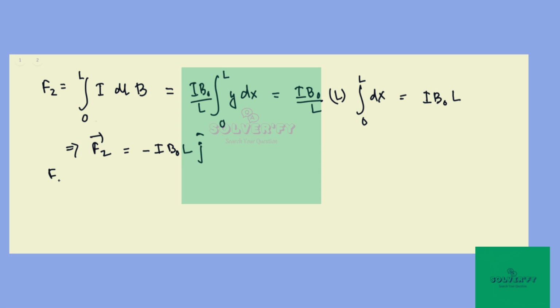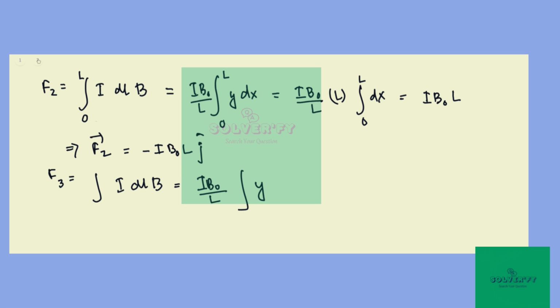Now we do the same thing for F3. So for F3 we have I dl B, sine phi is 1, and so the constants come out of the integral, and we have a y from the magnetic field, and we have to see what dl is.